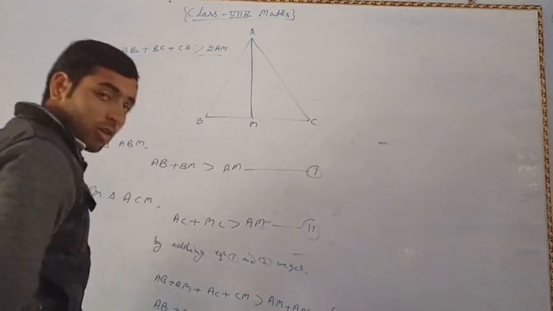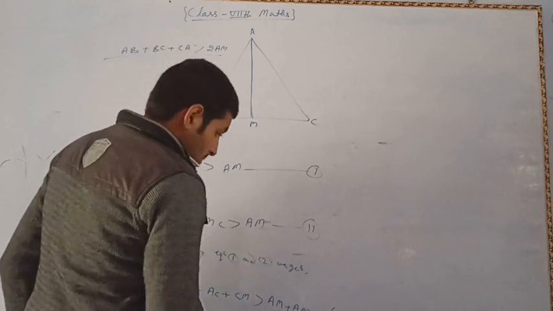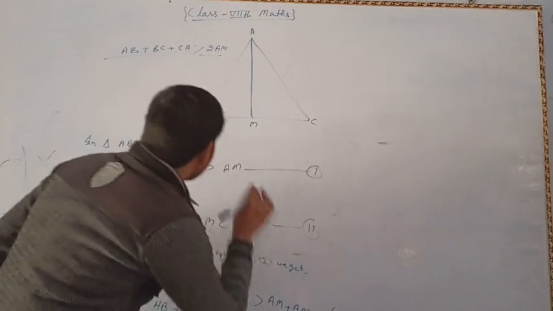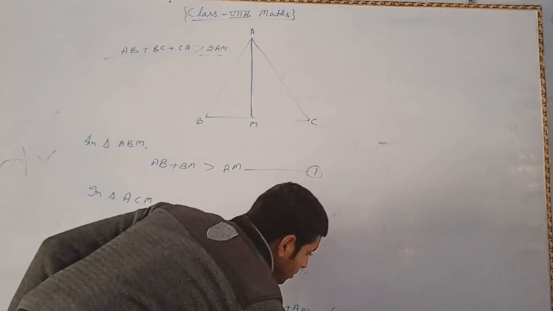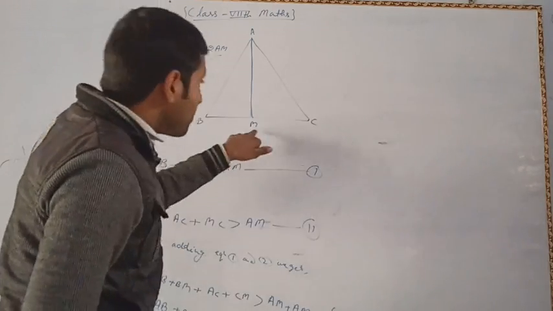You have to write this reason also, because BC is equal to BM plus CM.